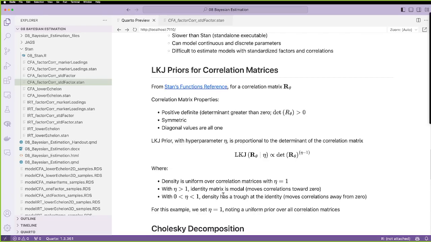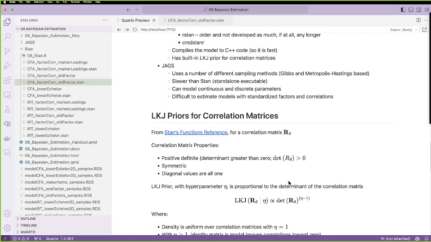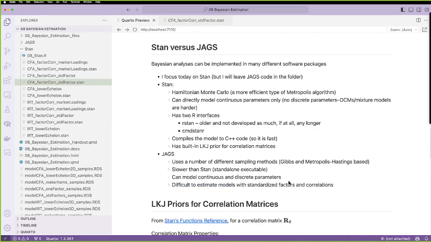I tend to use a prior of just 1 because I like the uniform prior, and correlations tend to not be a problem. We just need a way to estimate them. But this is one of the reasons why I like Stan over JAGS. JAGS does not have the LKJ prior. I think in theory you might be able to build it into JAGS through your own work. However, you'd have to get to the technical part of it, number one.